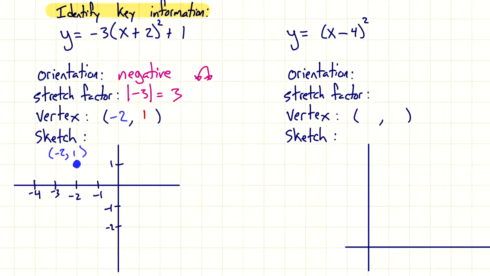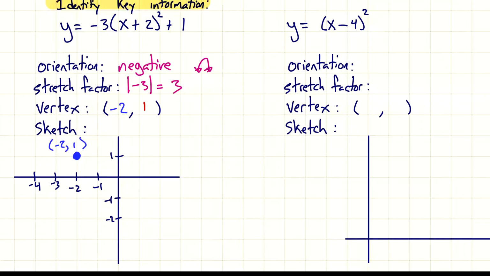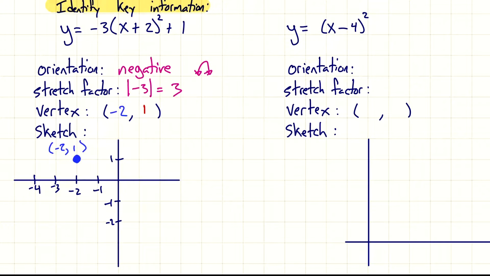And there's limited room here because I already knew this was going to be negative. It was going to be upside down. So now our graph's going to be facing downward. I'm going to start with, you could plug in some numbers if you'd like. You could plug in maybe a -1.